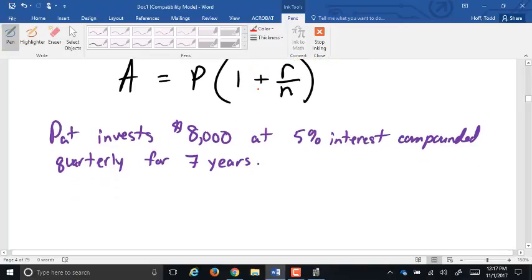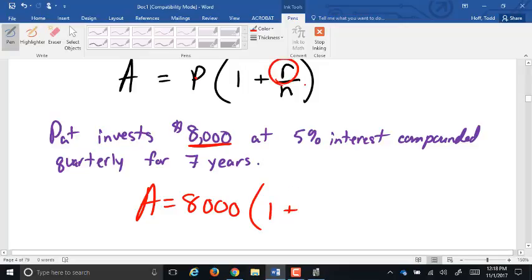So in this formula here, we're going to be looking for the amount. P, the principal or the starting amount, is the $8,000. 1 is a constant. What is R?